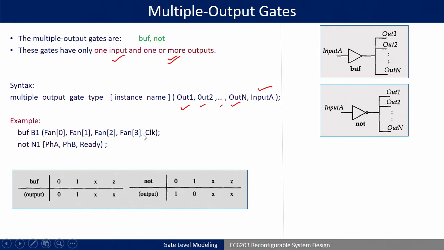In order to avoid that loading you can use the buff. Only the NOT case will have inversion of the buff. For buff, if it is 0, 1 is 1, x is x and z means x. In the NOT case it is simply opposite, 0 is 1, 1 is 0, and the rest of the cases are x. Okay. So, this is multiple output gates.